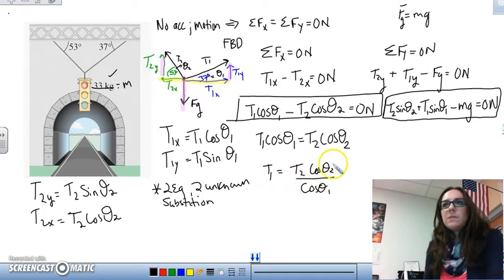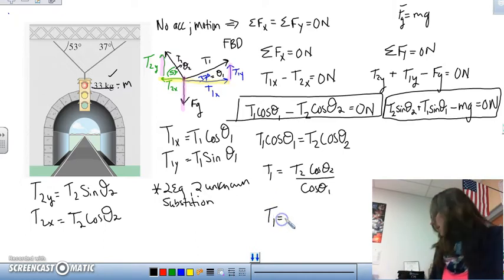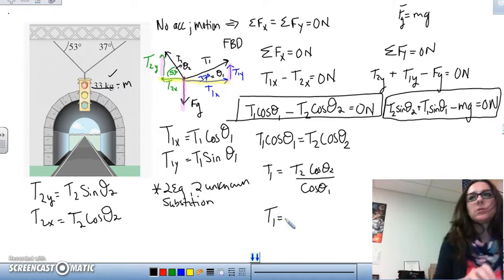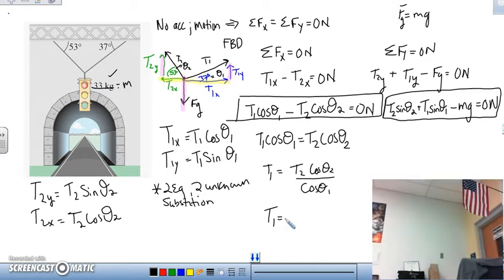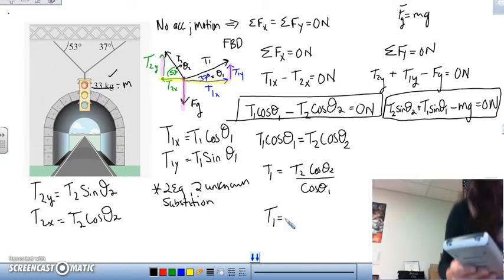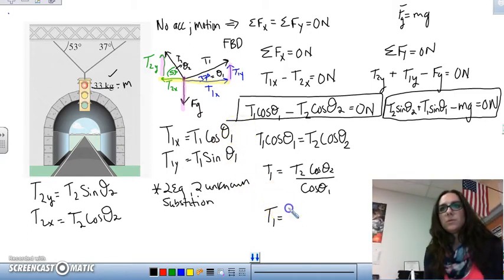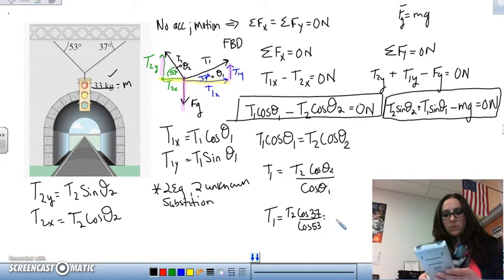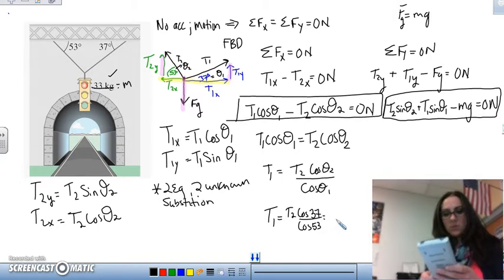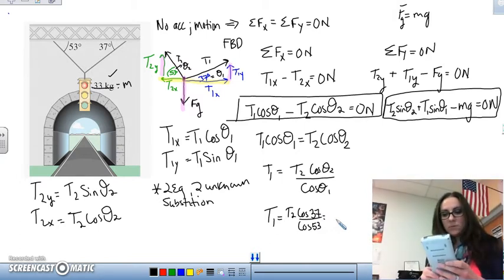Now, just to make life easier, these are literally just numbers, so what I'm going to do is calculate these. Okay, here we go. I'm going to do T2 cosine angle 1, which is our 37, divided by cosine 53. So cosine 37 divided by cosine 53.